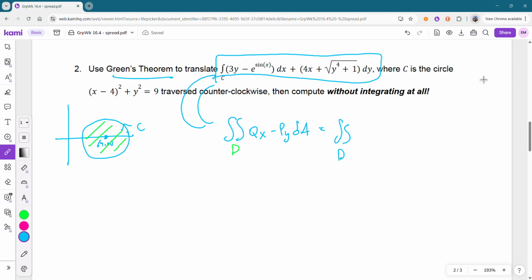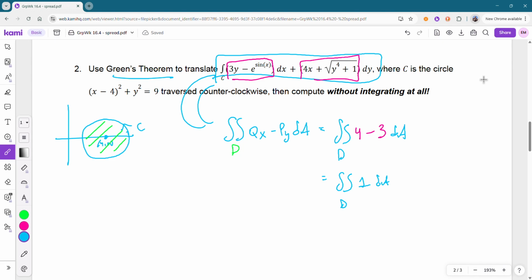Looking at Q, which is the thing next to our dy, that thing's partial with respect to x actually gives us 4. And P's partial with respect to y is going to give us 3. That cleans up nicely. At the end of the day, 4 minus 3 is just 1.